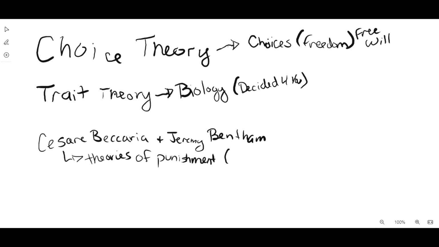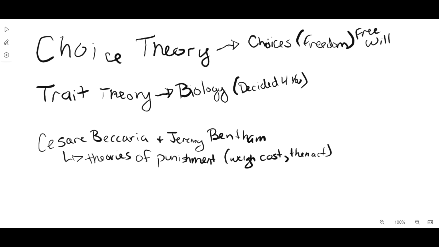It's the idea that you weigh the cost of your crime and then act. So, to Bentham and Beccaria, the idea was everyone thinks about it. You weigh the cost and then you make a decision.